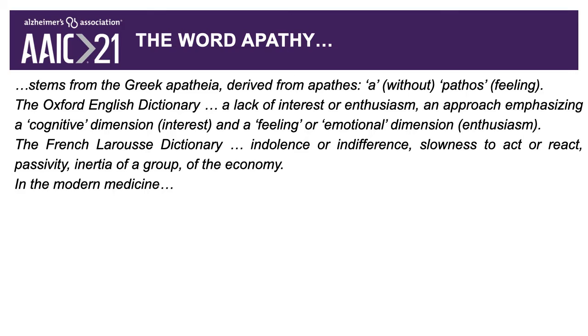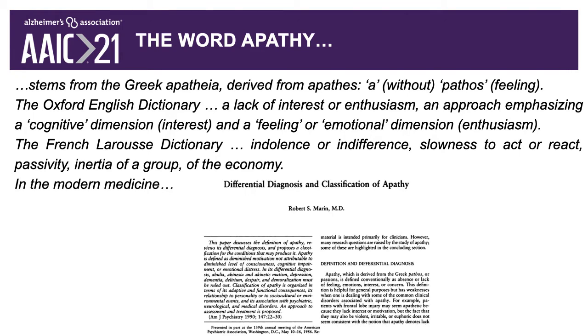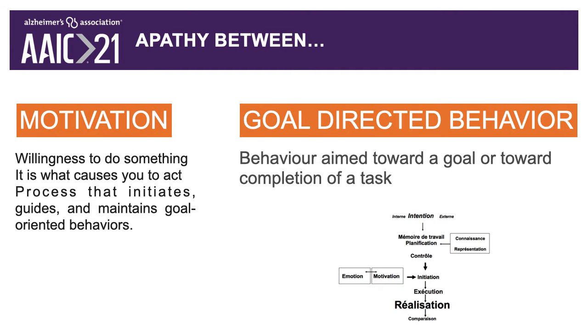And first, to remember that the word apathy has been used with different meanings. In modern medicine, it was Robert Marin in 1990 who first discussed the definition of apathy. Apathy was essentially associated with two concepts, motivation and goal-directed behavior.